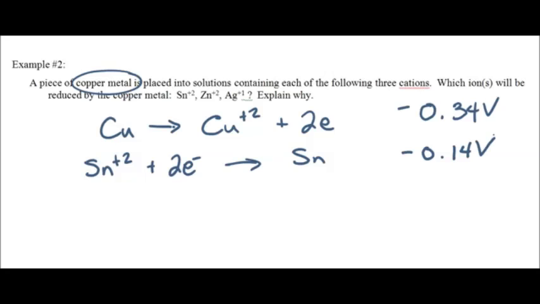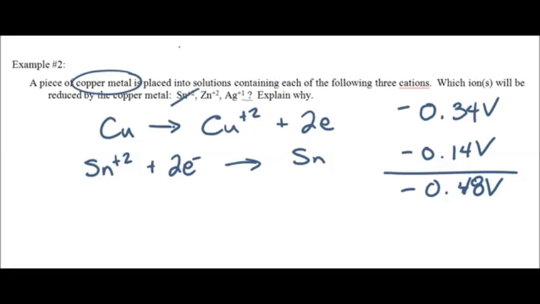So the tin ions will not be reduced by the copper in this reaction because it will yield a negative value, actually a negative 0.48. Okay, so the tin +2 will not be reduced when copper metal is placed into the solution.